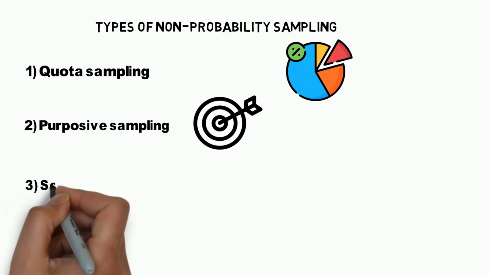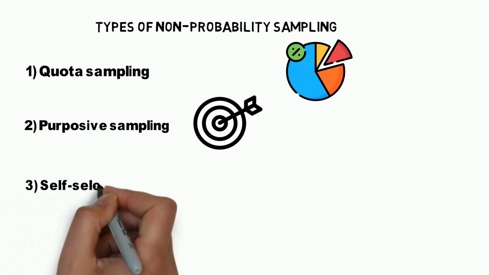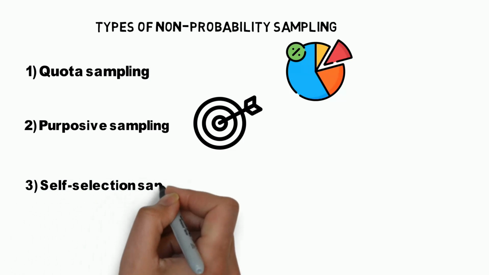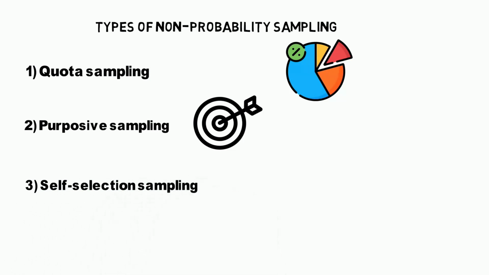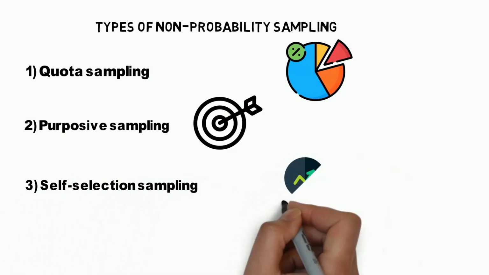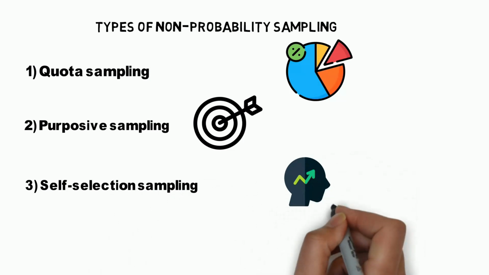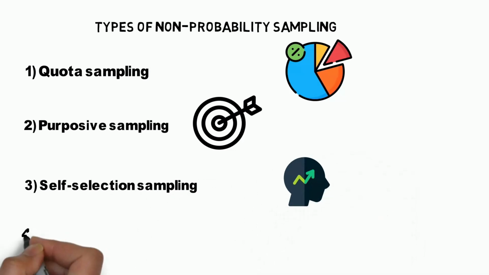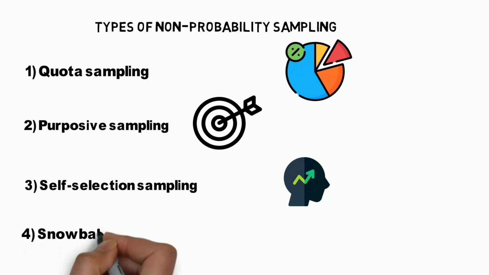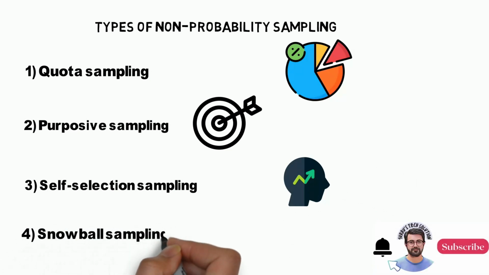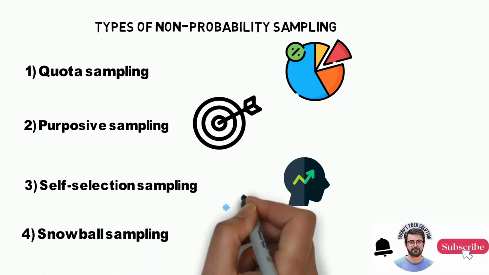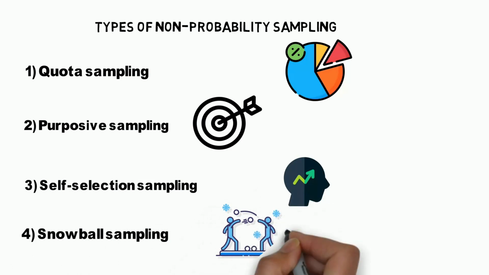Similarly, the third type is self-selection sampling. Researchers specify required inclusion/exclusion criteria and persons from the population choose to participate based on free will. Lastly, we have snowball sampling, a strategy in which existing participants recruit future participants from others they know. This strategy is often used for hard-to-recruit populations.